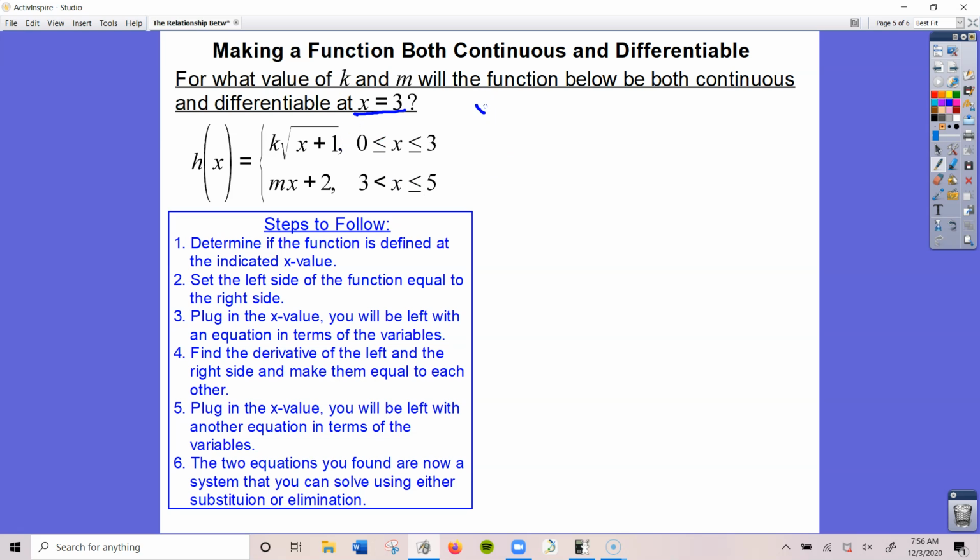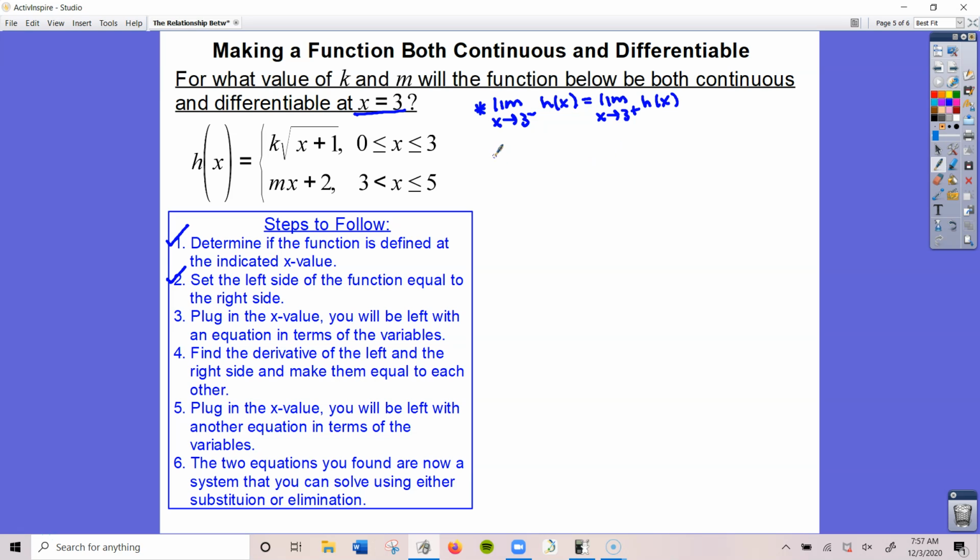So really what I need to do here is set up our limits. We've done step 1, we've already verified it is defined. Now we're going to set the left side of the function equal to the right side. So that's our limits. The limit as x is approaching 3 from the left of h of x has to equal the limit as x is approaching 3 from the right of h of x.